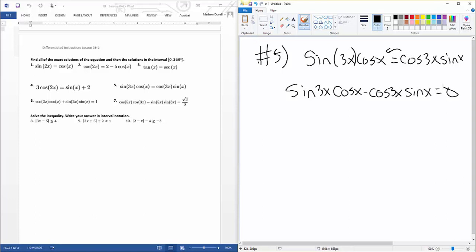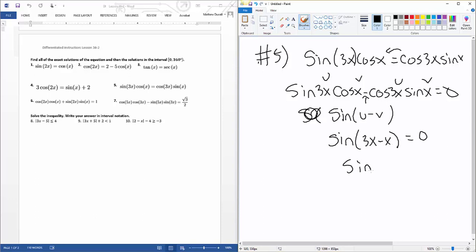That's the sine of u minus v, so this is my u, and this is my v. And so this is going to be the sine of 3x minus x, which is the sine of 2x. And so now I can just solve for it. Take the inverse to both sides, and so on.